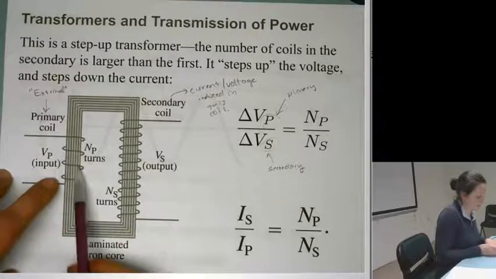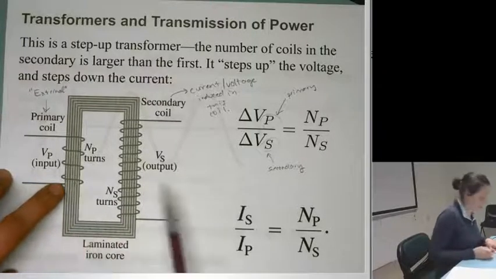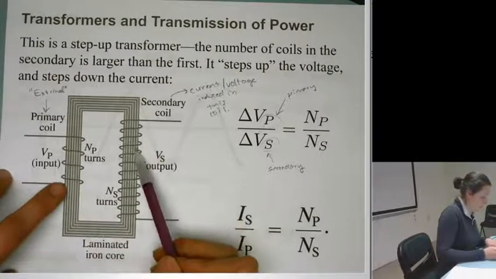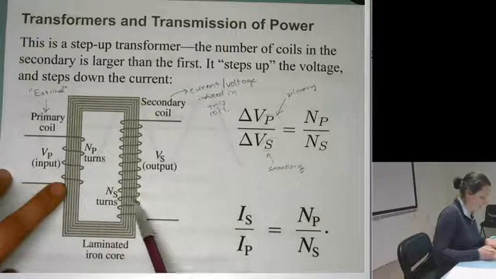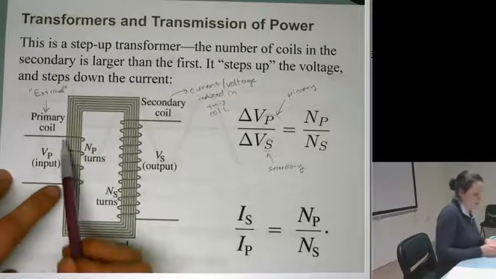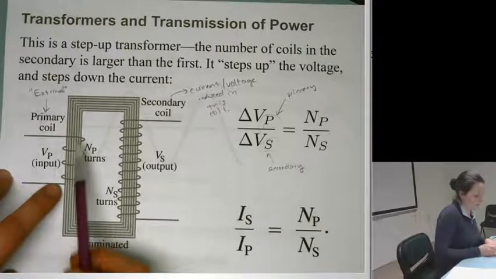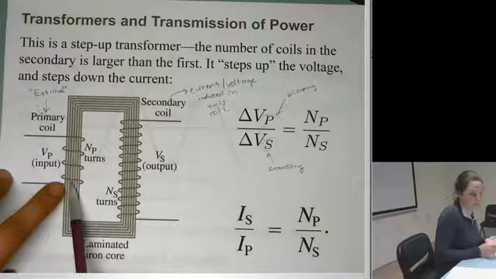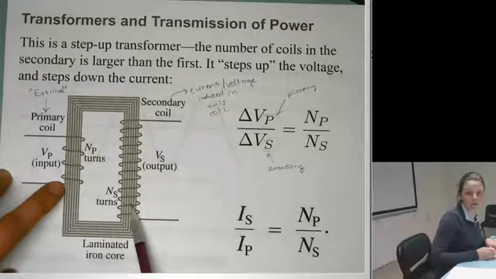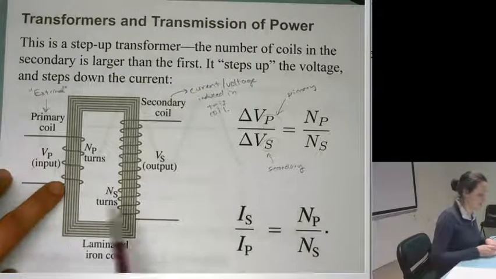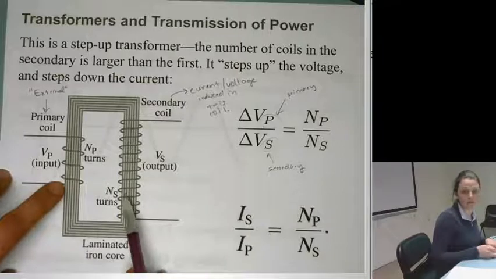So if there were, I don't know, 10 volts here, there would be 1, 2, 3, 4 loops, and here 1, 2, 3, up to 12. So there are 3 times as many loops here as there were here. If there's 10 volts going through this loop, then there would be 30 volts across this loop. That's what a step-up transformer does, it steps up the voltage.